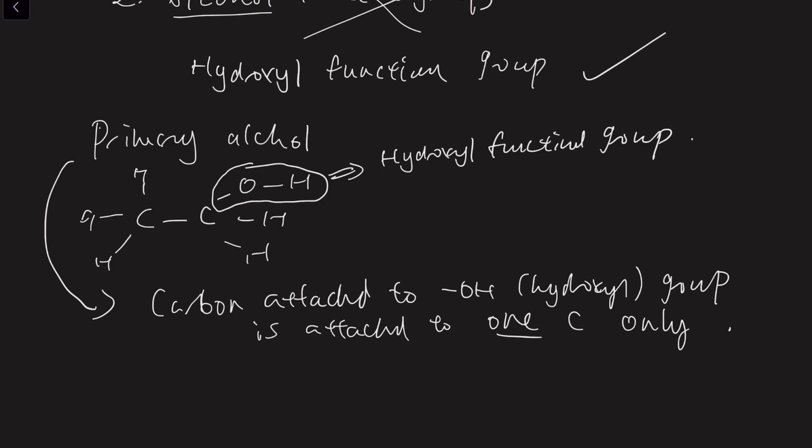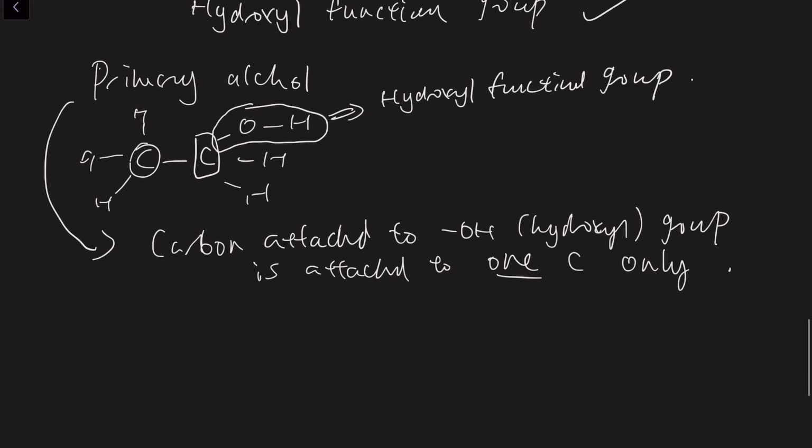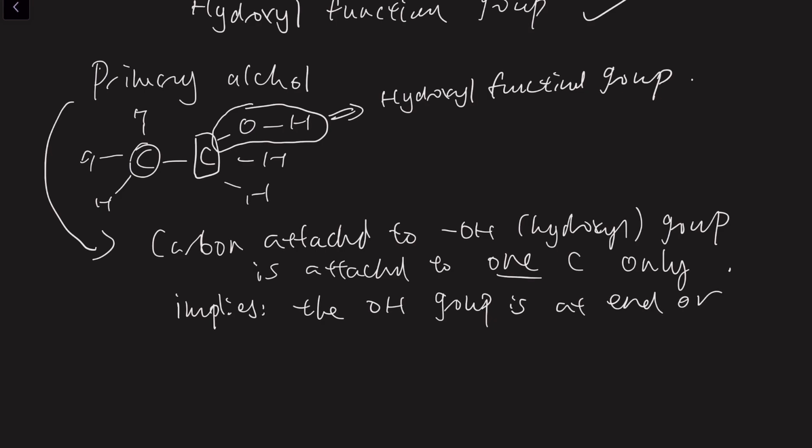So for this particular carbon atom, we know that it's connected to only one other carbon atom. So this implies the OH group is at the end or beginning of the carbon chain. The reason for that you will see very shortly when I introduce secondary alcohol.